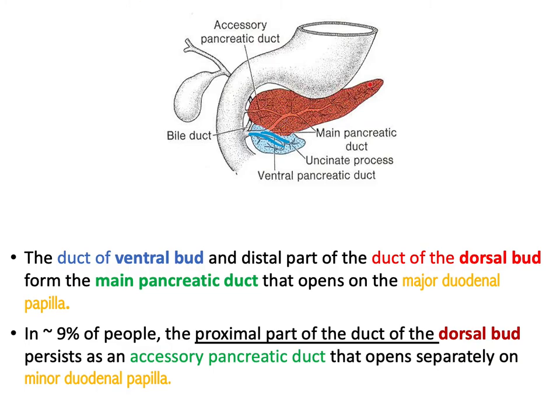This is the dorsal bud, and this is its duct, which is divided into a cranial part and a distal part. So the main pancreatic duct is formed from the duct of the ventral bud and the distal part of the duct of the dorsal bud.